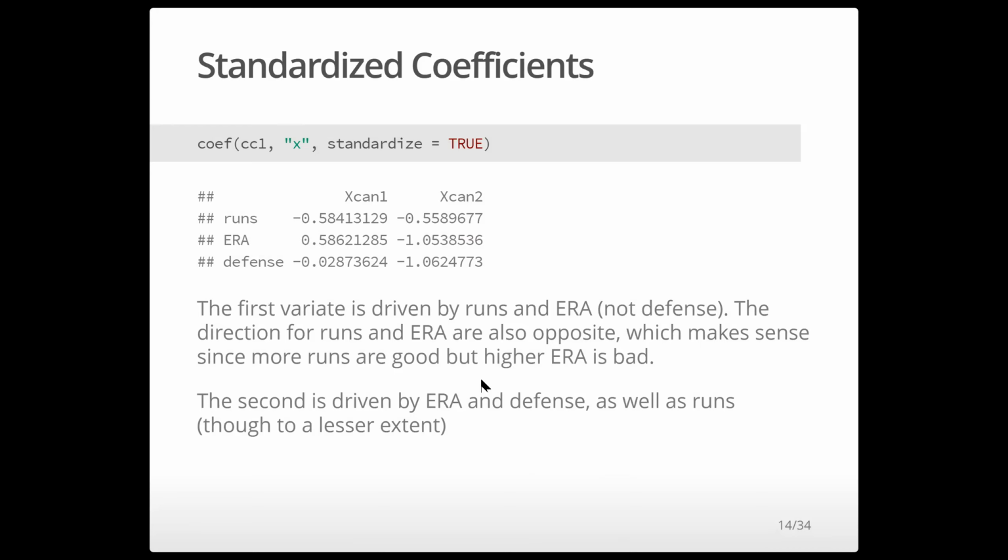The actual sign itself doesn't matter that much. What matters is that they're opposite one another. And this makes sense since more runs are good, but higher ERA is bad for the team in question. The second variate is driven by ERA and defense more, as well as runs to some extent, but about half as much. It's much more driven by ERA.